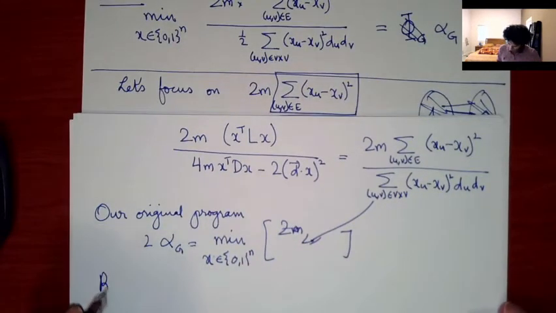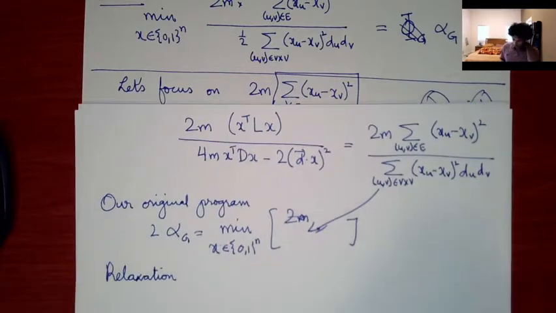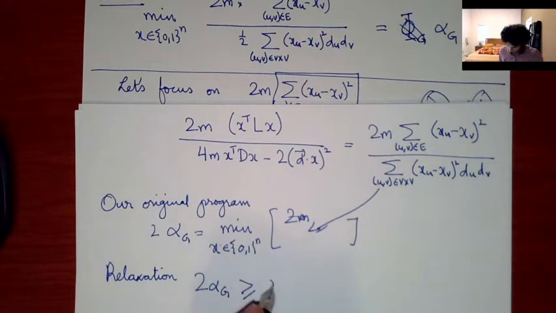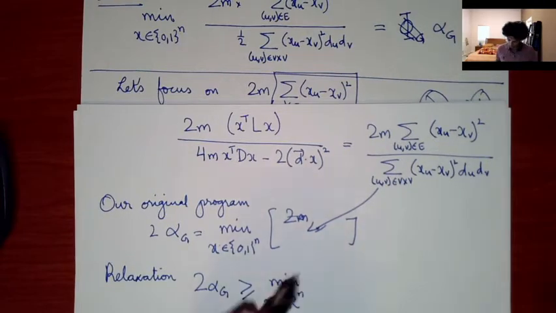The relaxation that we're going to take is we're just going to replace this with all reals. So what we get is that 2 times alpha G is at least the min over all x in R^n of the same quantity.